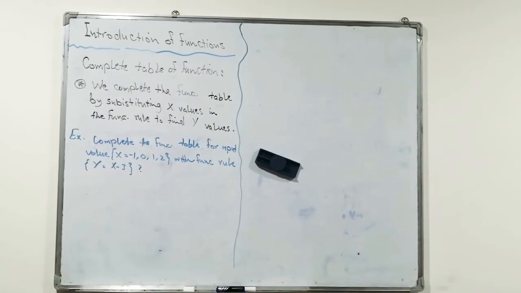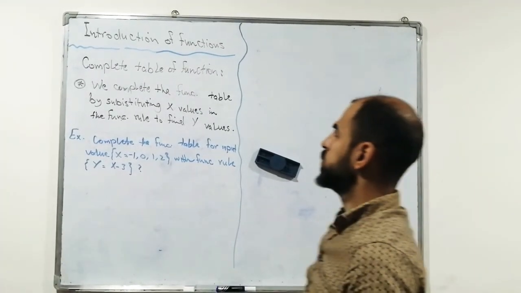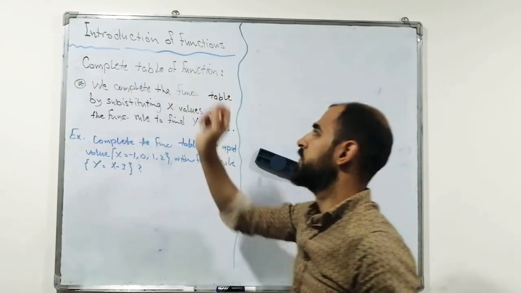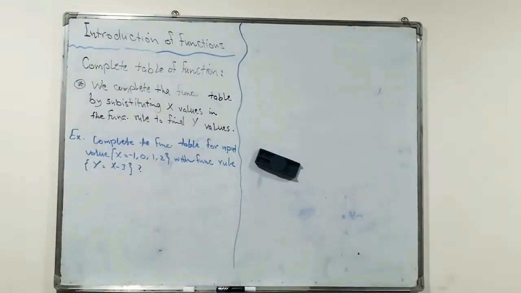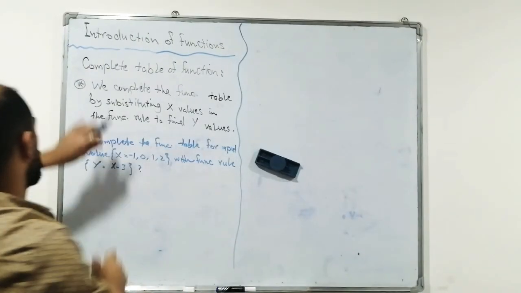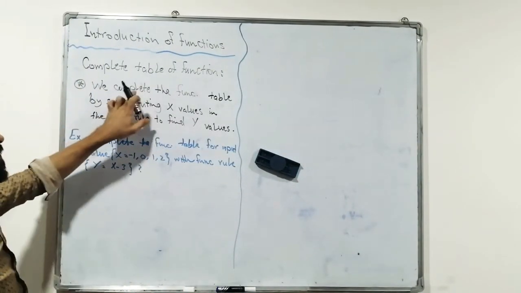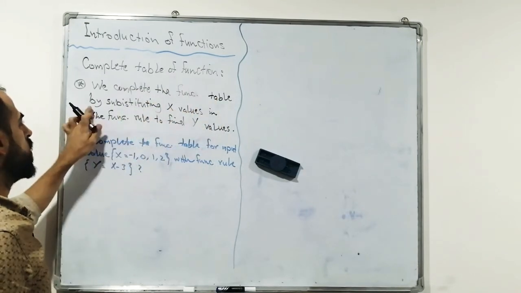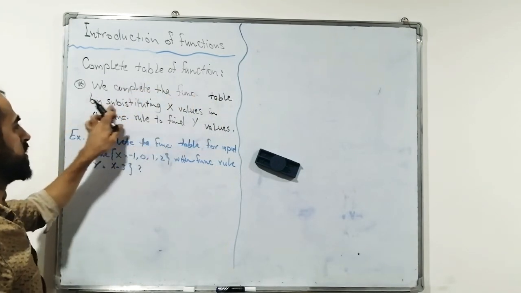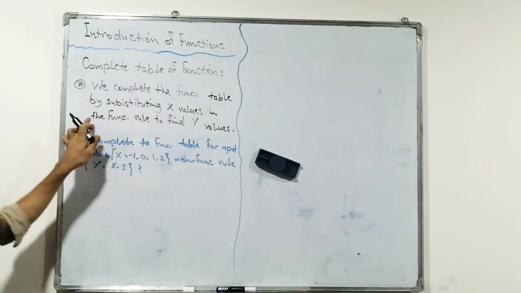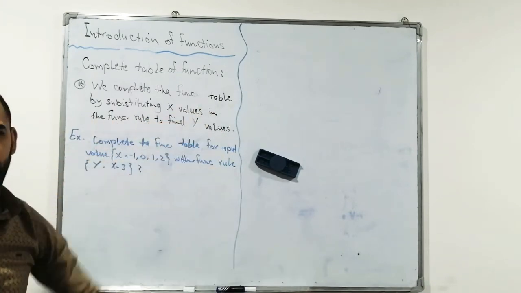Now in the next subject of the introduction to functions, we will complete the function table. It's a very easy subject. The idea is to complete the function table by substituting the x values in the function rule to find the y values.